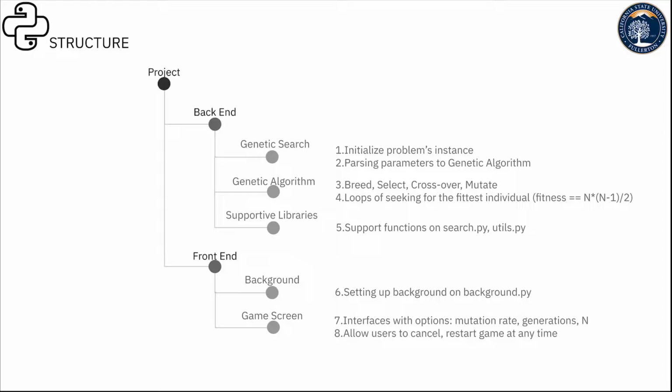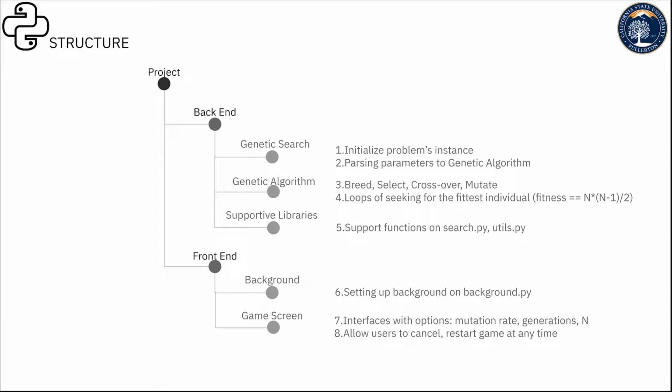First, we go through genetic search, which initializes the instance that the problem needs: the mutation rate, the generation number, and the n number, and then passes all these parameters into the main function called genetic algorithm.